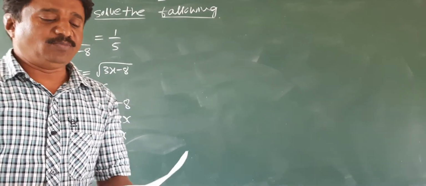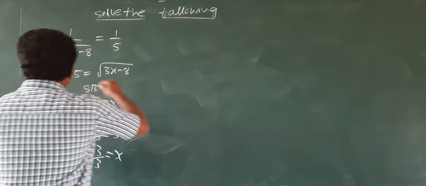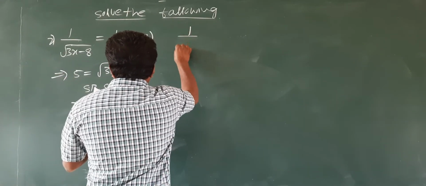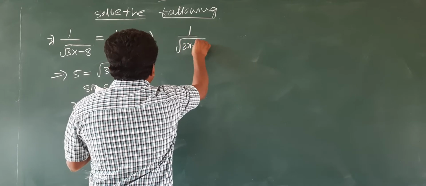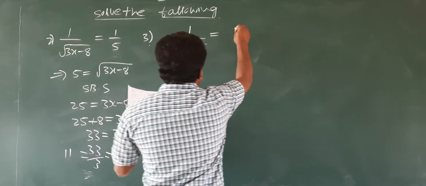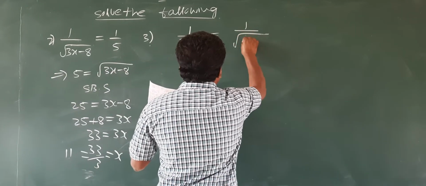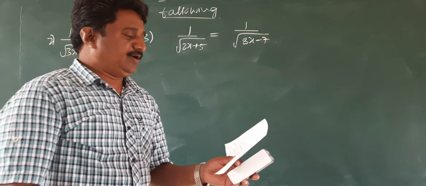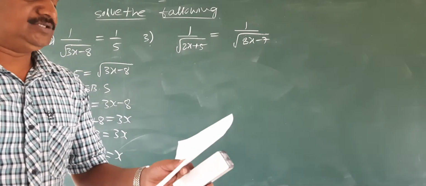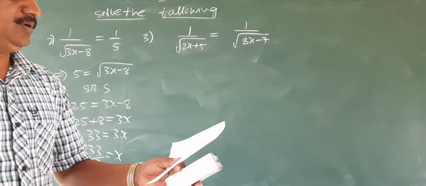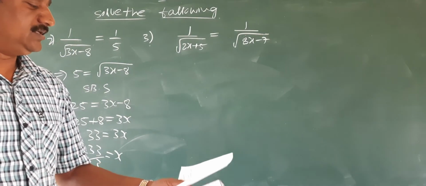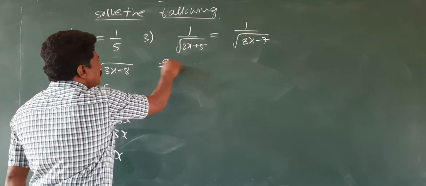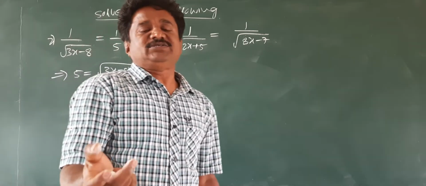Let us solve one more question of the same type. Next question: 1 by root of 2x plus 5 is equal to 1 by root of 8x minus 7. You can do it in any way, students.